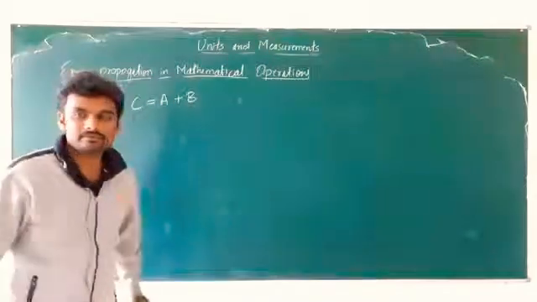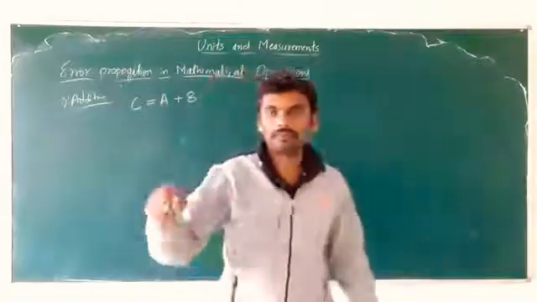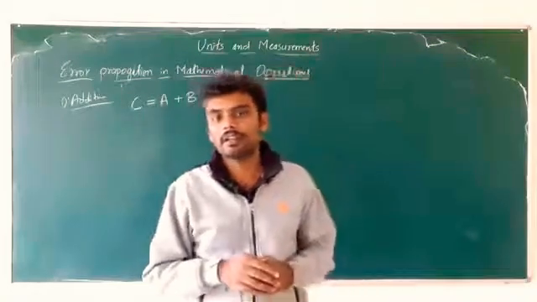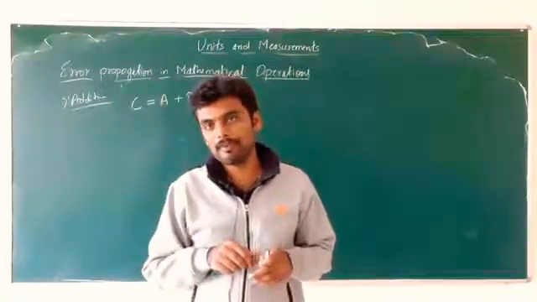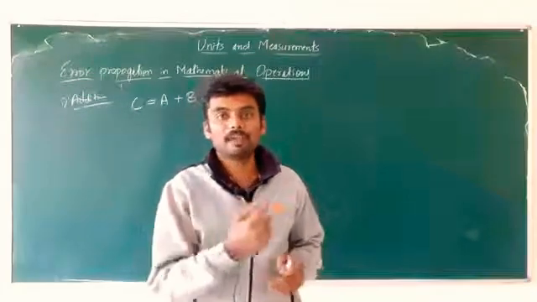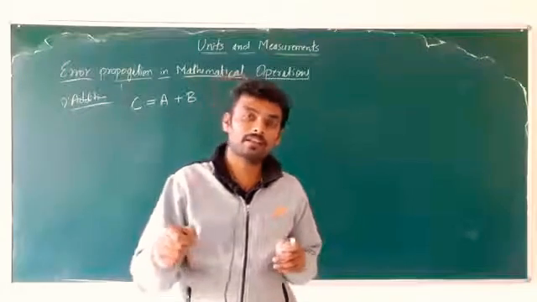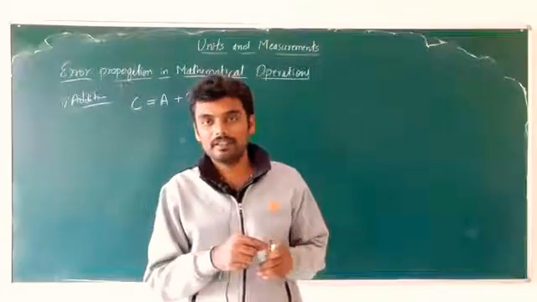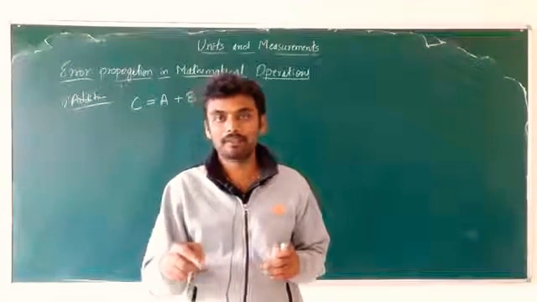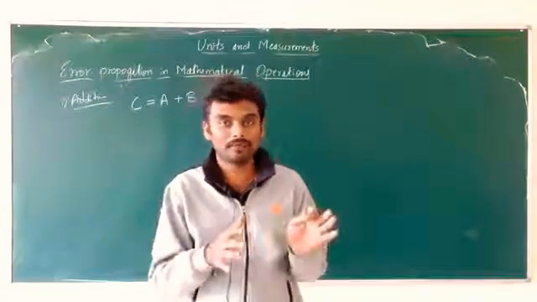An example I can take is a table in rectangle shape. If I am asked to get the perimeter of the table, then I should take the length and breadth. Perimeter is length plus breadth, plus length plus breadth, actually 2 times length and breadth.